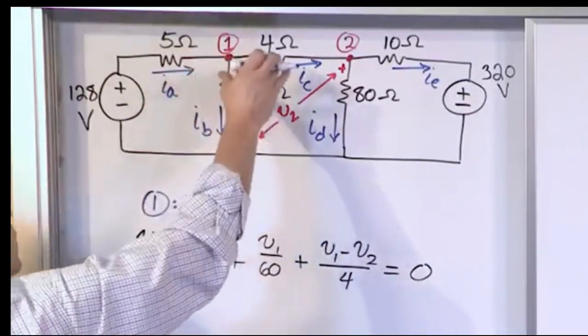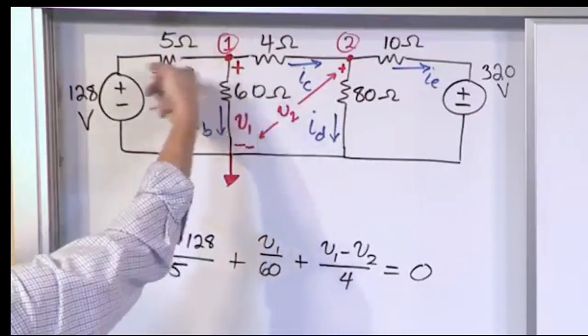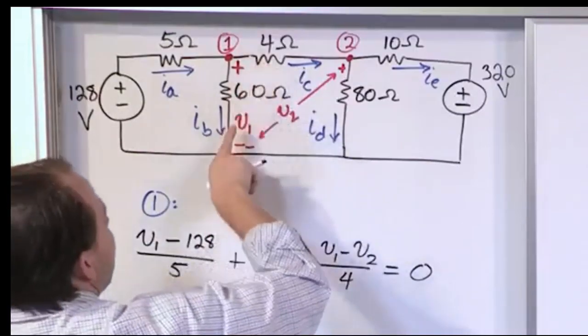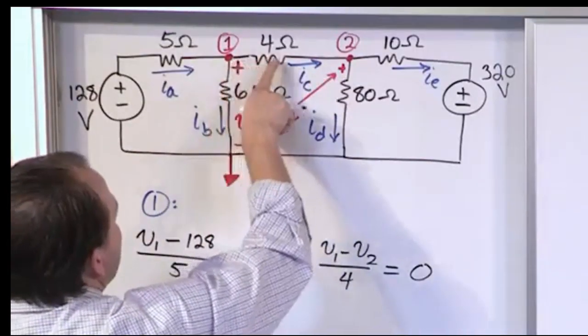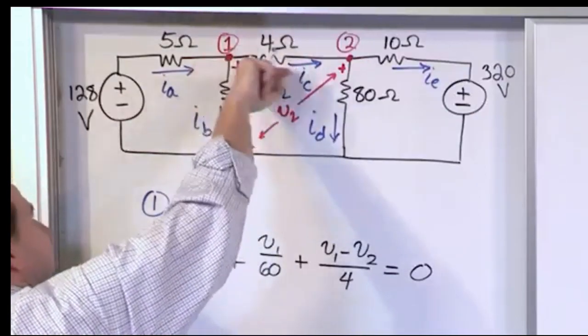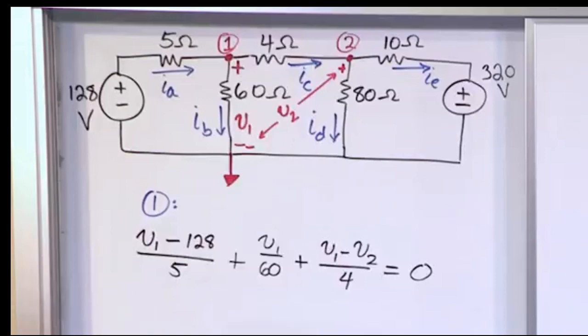This current, and this current. This one we pop up and subtract as if the current's going this way. This guy we pretend the current's going this way. This guy we again pretend the current's going this way. V1 minus V2 is going to give us the voltage across the resistor as if the voltage drop were going that way, which is away from that node. Each case we're dividing V over R. So that's equation number 1.